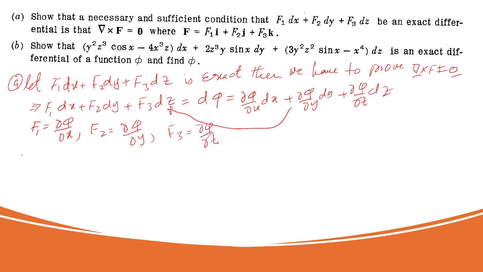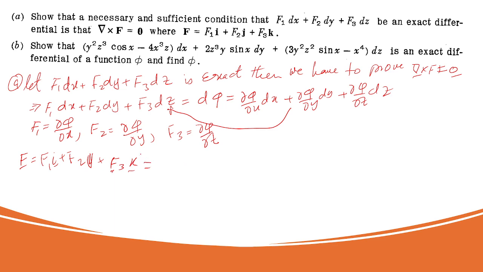So F is equal to f1 i plus f2 j plus f3 k. This is the field.